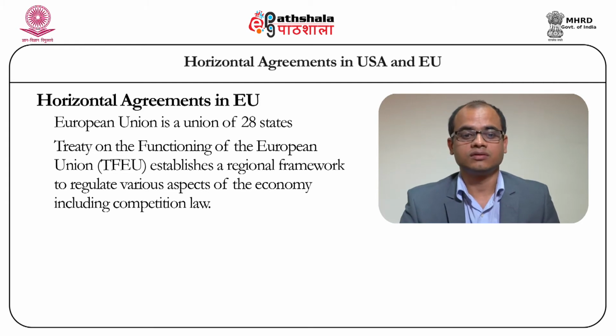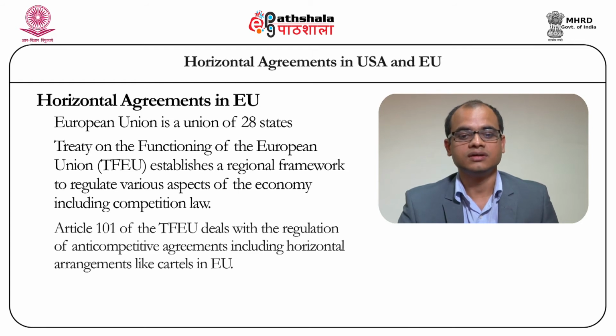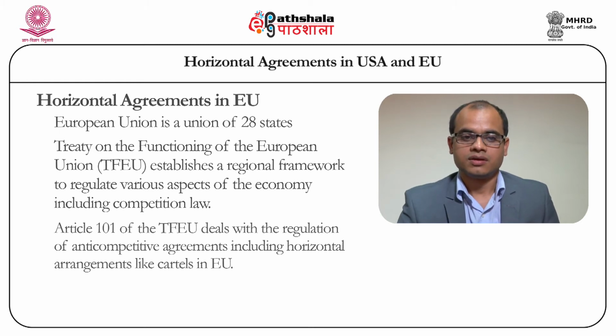So Regulation 1 of 2003 laid down the rules for implementing the 2009 Lisbon Treaty, and Article 101 deals with agreements. So now we'll focus on the main ingredients of these articles.